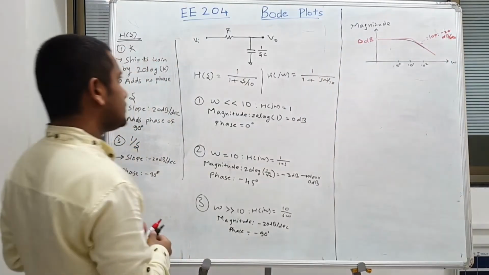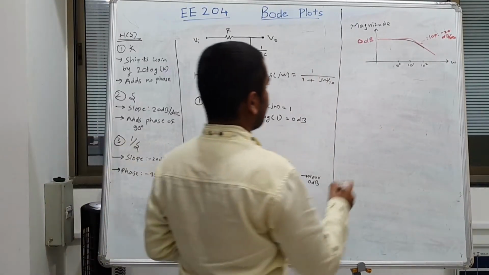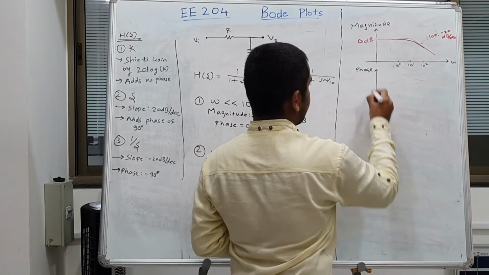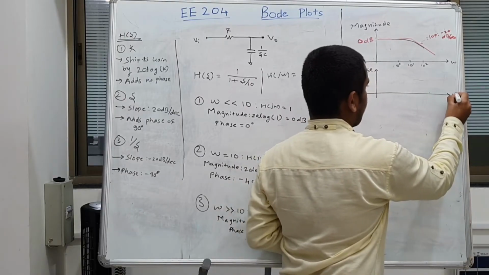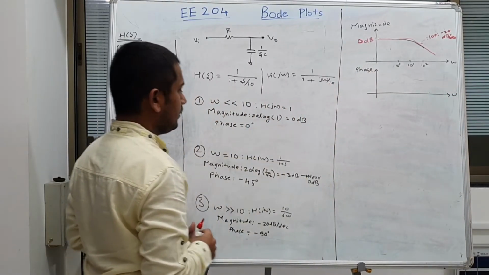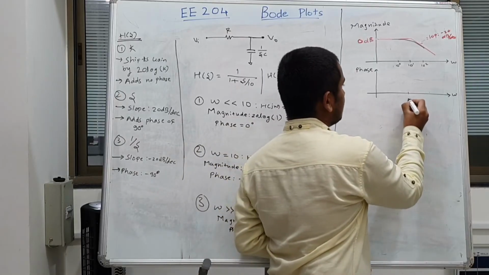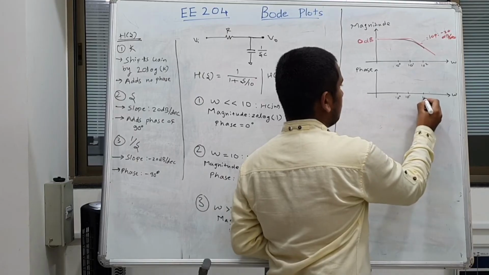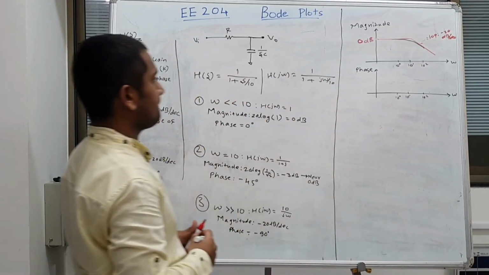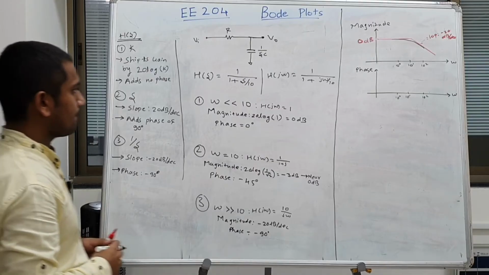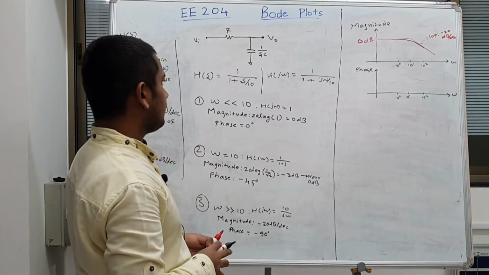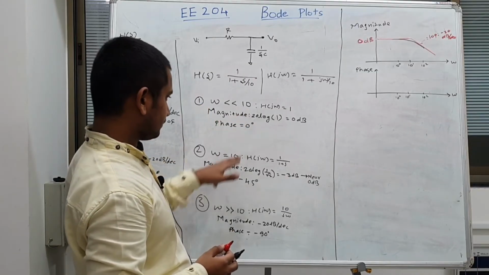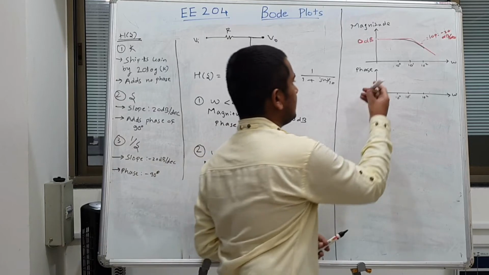Now let's look at the phase plot. We'll write frequencies near the pole frequency, that is 10 to the power 1, 10 to the power 0 and 10 to the power 2. When we are at a frequency much lesser than 10, the phase is 0 degrees.